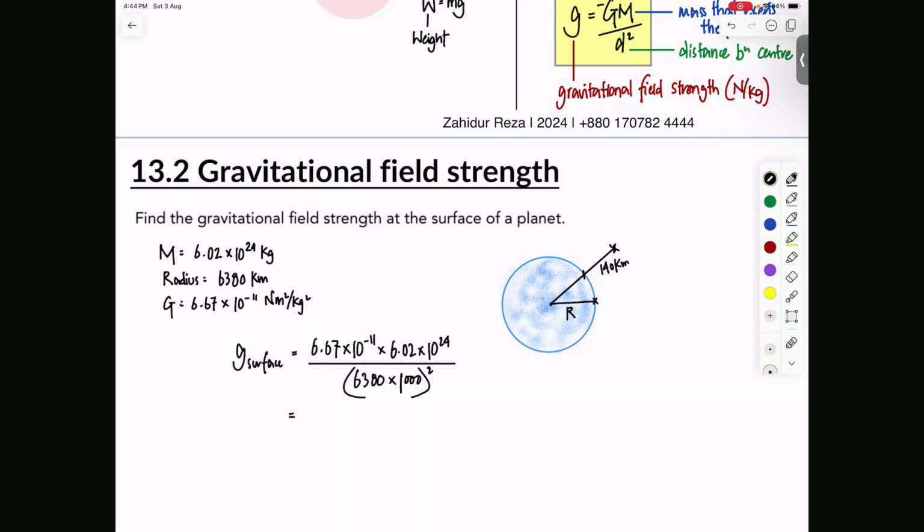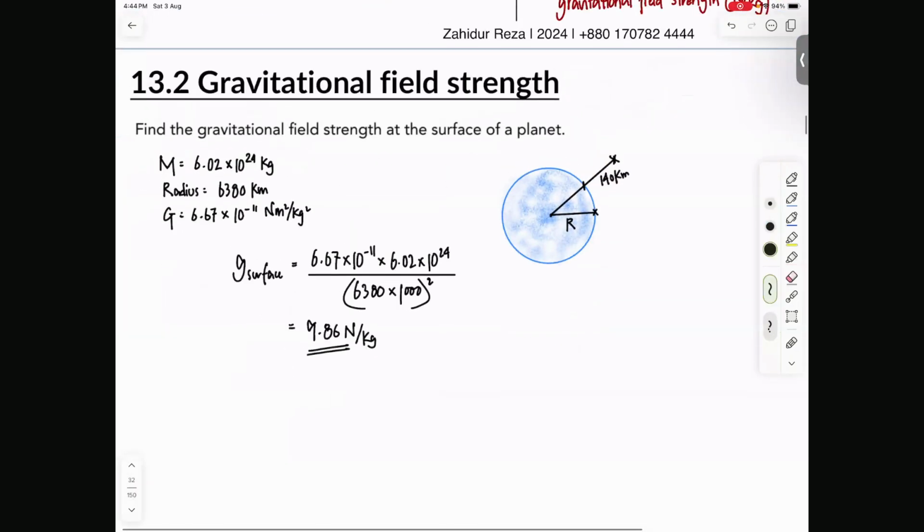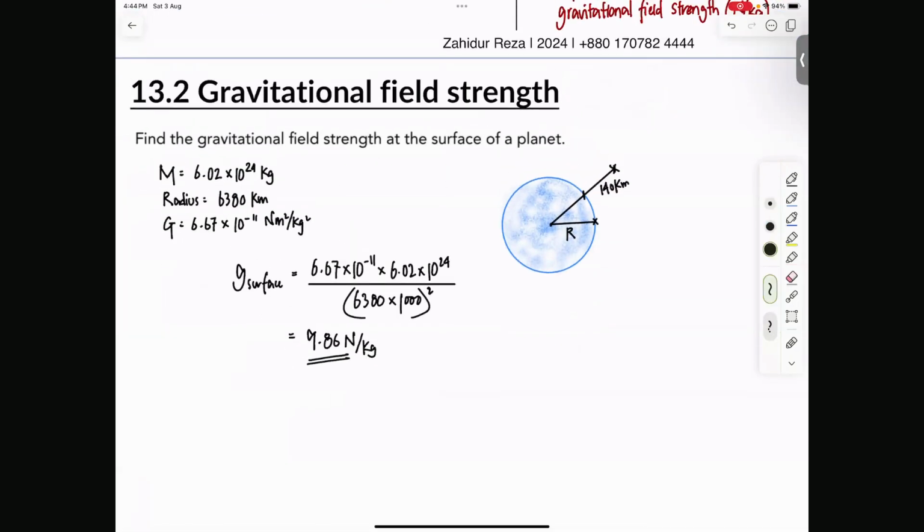So এটা করলে কি আসে? এটা করলে কি 9.86? Right. So 9.86 Newton per kilogram. This, by the way, is the Earth. Okay, so Earth's surface g value বের করলা. Now, what is the value for g at 140 kilometers?